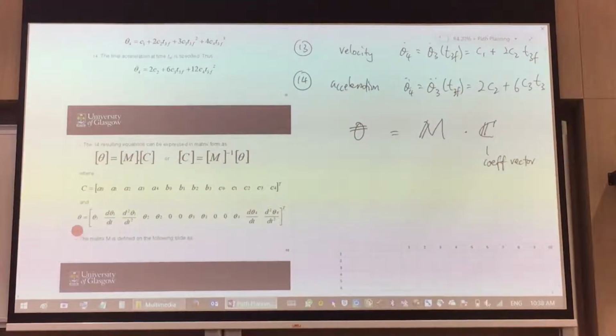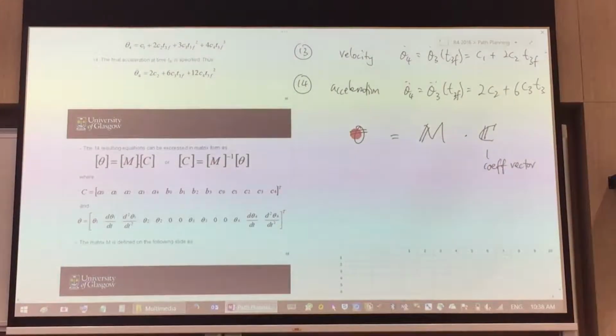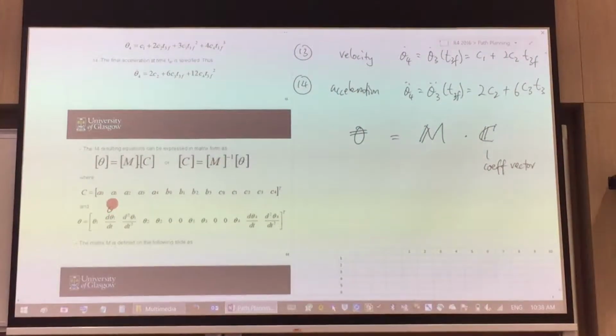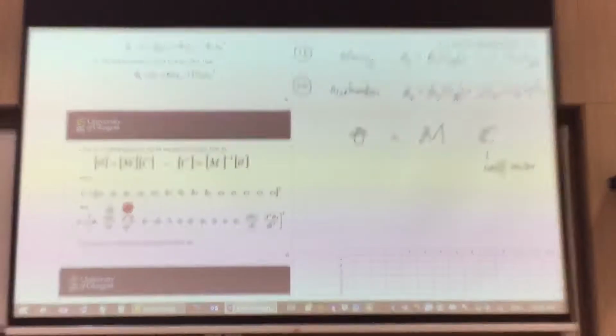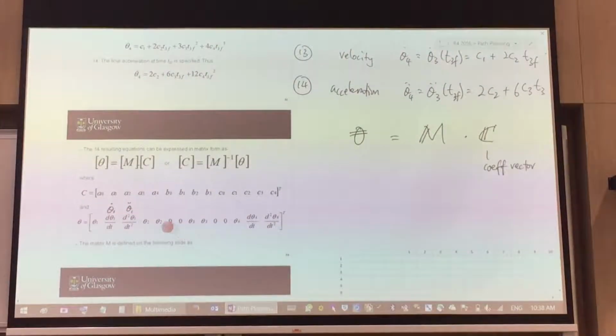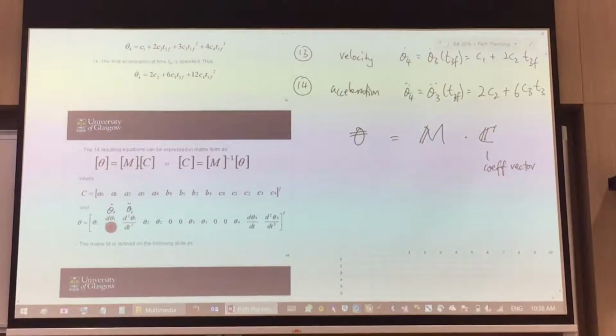And the theta vector also again is going to be holding your theta 1. This one will be your theta 1 dot, this theta 1 dot dot, and theta 2. All these things, where did they come from? They came from all our 14 boundary conditions.